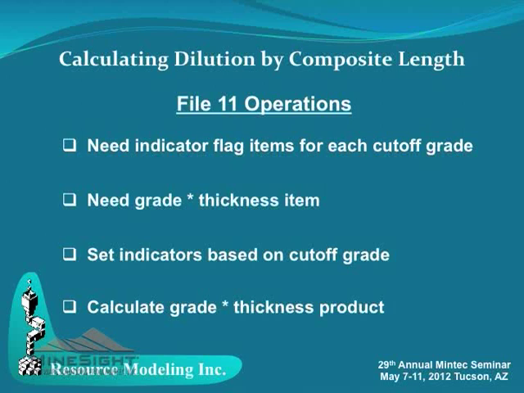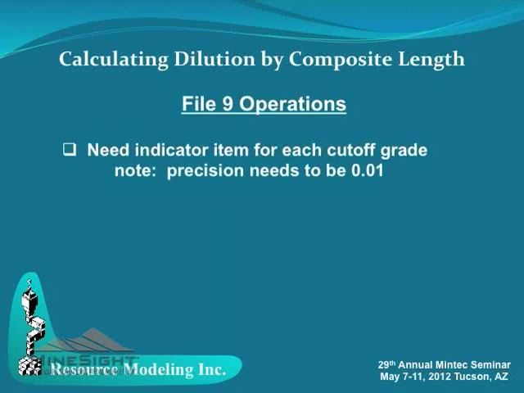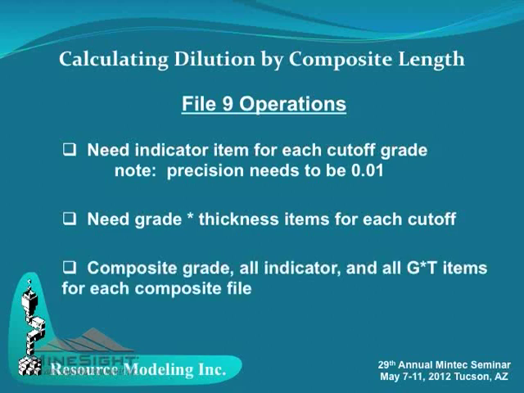So again, we calculate the grade thickness product here. So we also need indicator fields in our composite file, but we need to make sure that we have a precision of at least 0.01 to track the percentage from 0 to 100%. Again, we need a grade thickness item in that composite file, and you composite the grade, the indicators, and the grade thickness products.